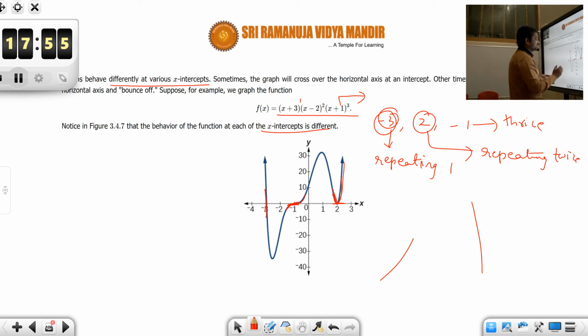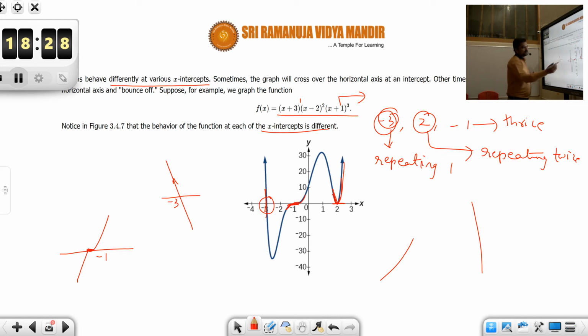What are the differences? At x equal to minus 3, the graph is simply crossing the x-axis. Whereas at x equal to minus 1, instead of crossing the x-axis directly like a straight line, it is flat, and then it is moving, and then it is crossing.